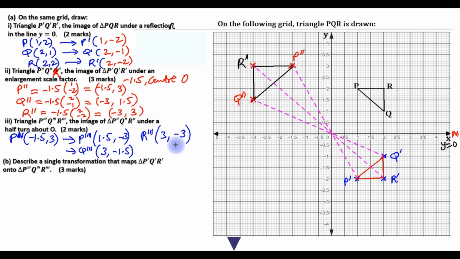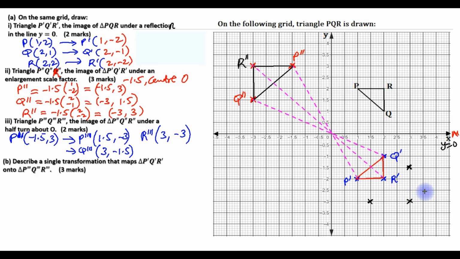So we can plot those points. The first one is P triple prime, that is (1.5, -3) there. Then Q triple prime (3, -1.5), and the other one is R triple prime, that is (3, -3).